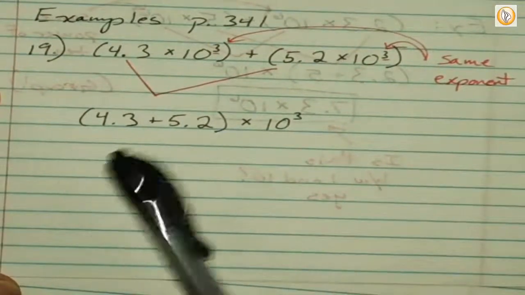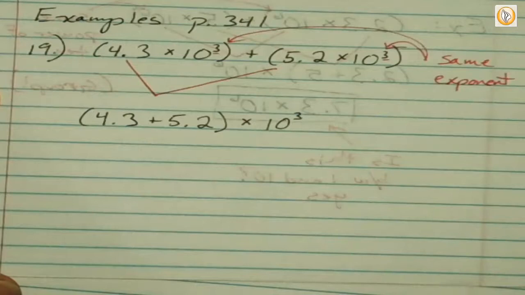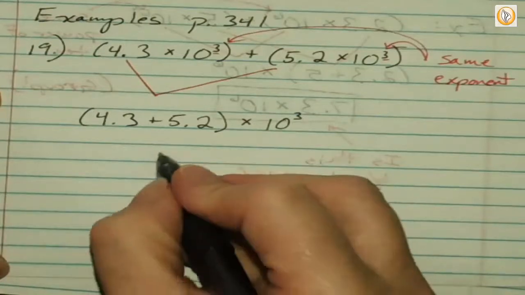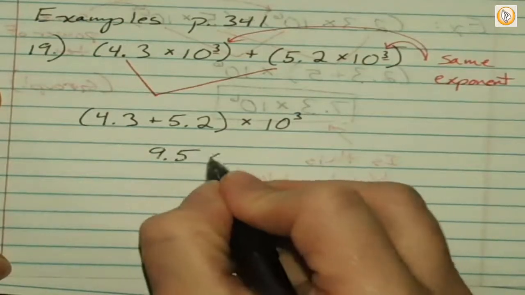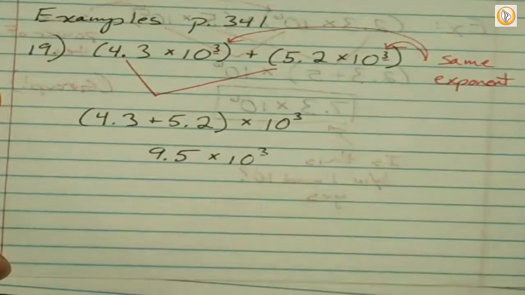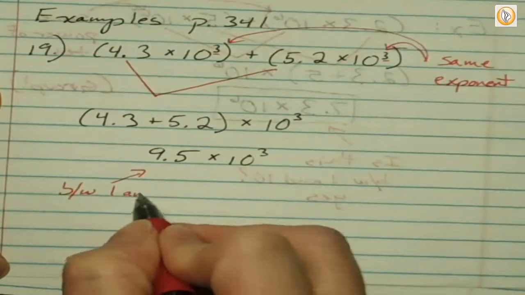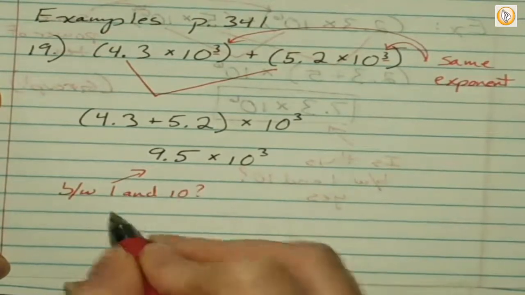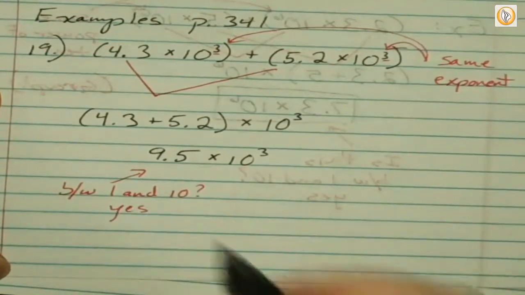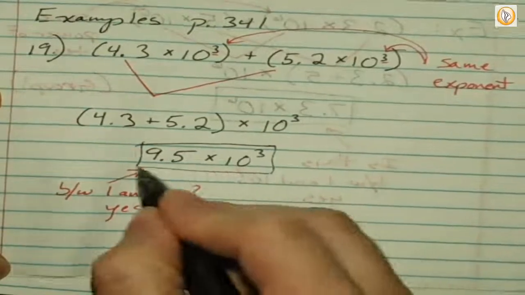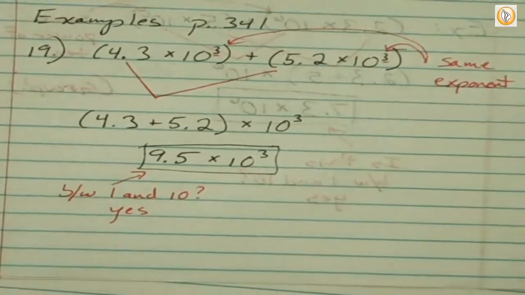So, Ariel, what is 4.3 plus 5.2? 9.5 times 10 to the 3rd. Is this between 1 and 10? Yes, so we're done. If it's not, you do what we did yesterday and you make that adjustment.